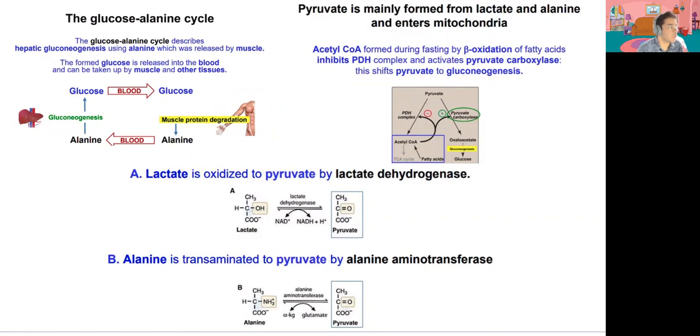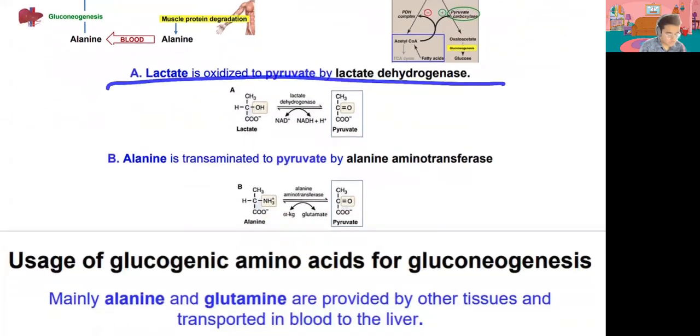Which is essentially glucose. Pyruvate is mainly formed from lactate and alanine, and it enters the mitochondria. And you guys will cover beta oxidation and why we would do beta oxidation in times of desperate need. Okay, these pathways I'm going to go over with you guys a little bit more in depth.